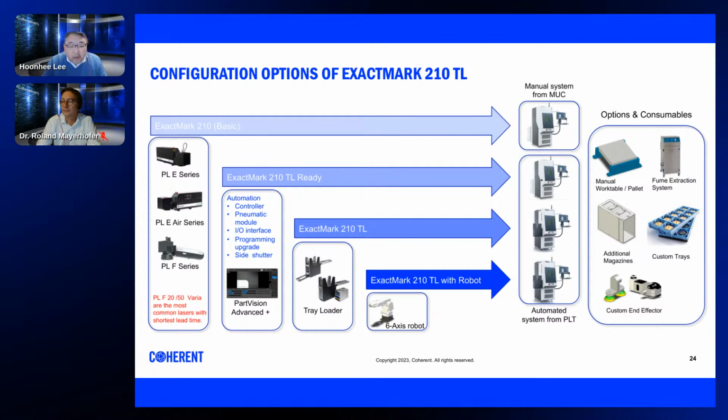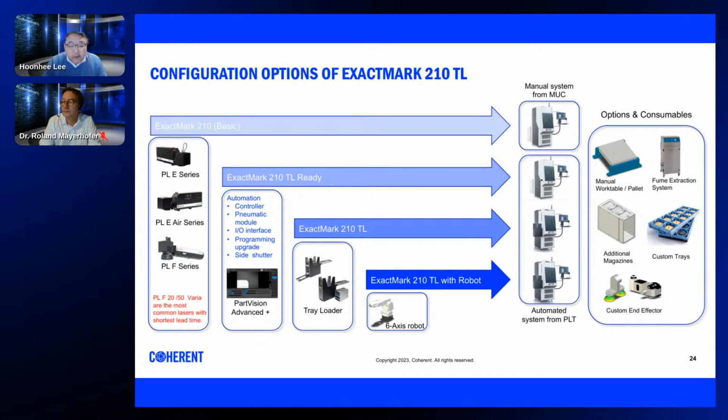Exact Mark 210TL, 210 Basic is a manual system that requires a dedicated operator for loading and unloading parts. Exact Mark 210TL Ready is a manual system ready to automate, as not every customer has the volume to process in an automated system from the start.